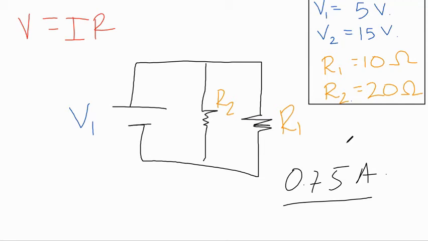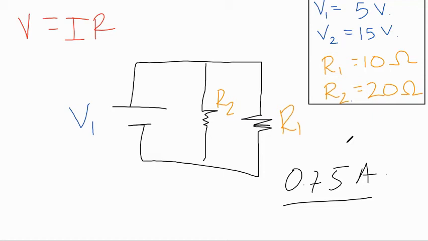So the first law is Kirchhoff's current law, or KCL. This simply states that the current that enters a junction is going to be the same as the current that leaves a junction. The sum of the currents that enter a junction is the same as the sum of the currents that leave the junction.